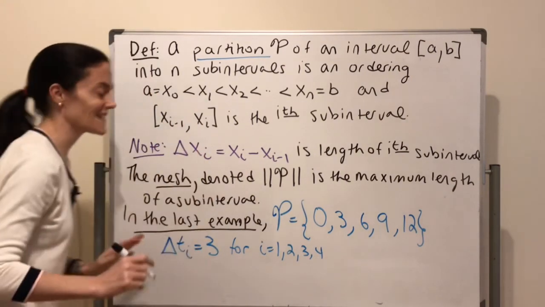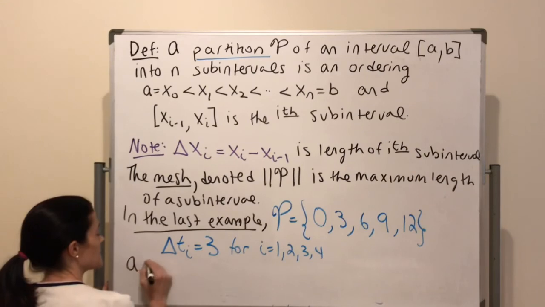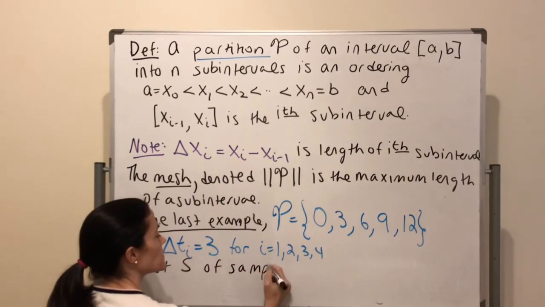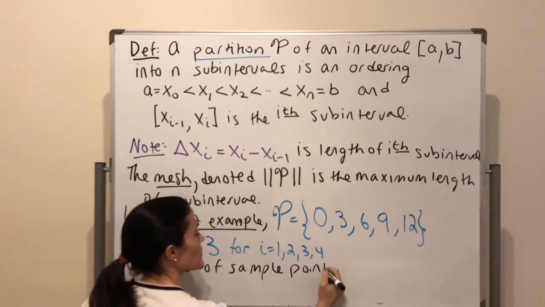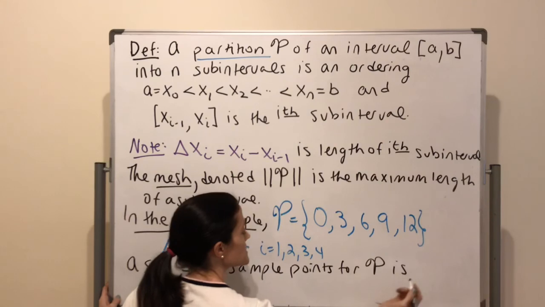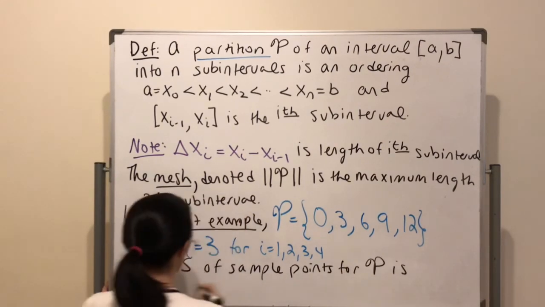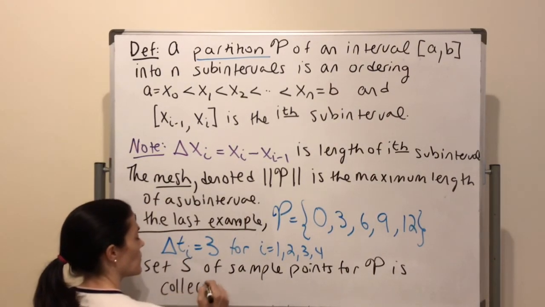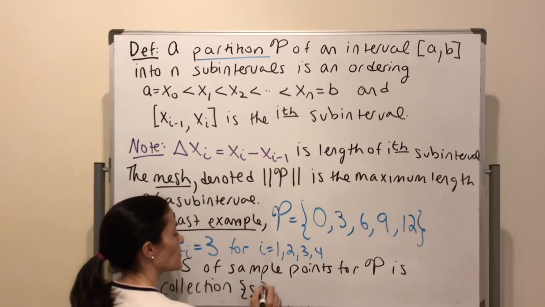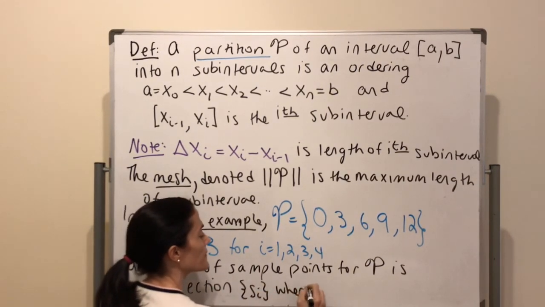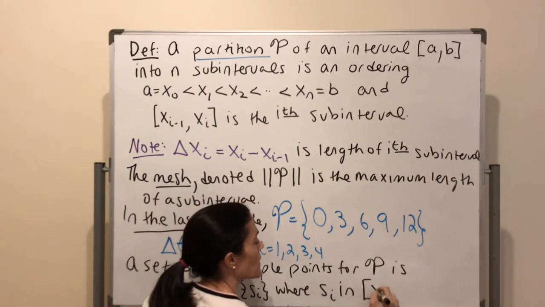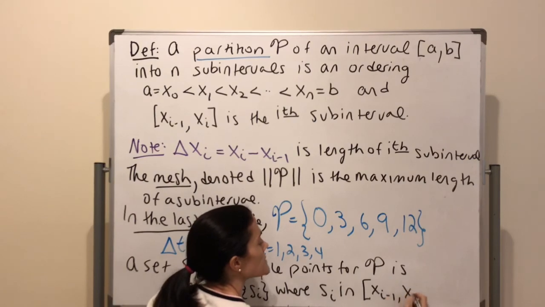One more thing to add, and that is a set S of sample points for the partition is just a collection, say si, where si is in [xi minus 1, xi].